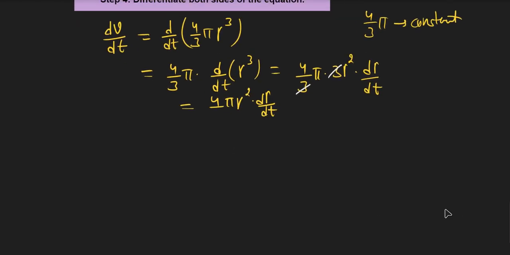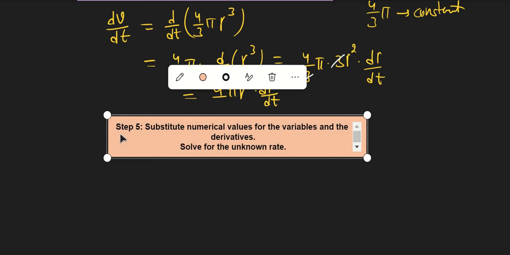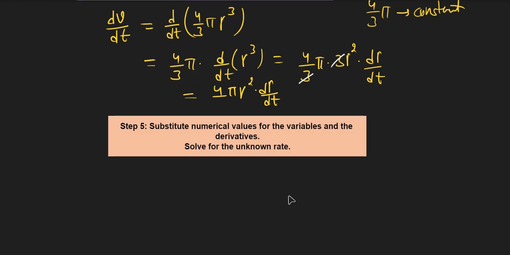Now we have to do one last step in this question, and in the last step all we have to do is substitute the values. So again, let me rewrite the result of step 4: dV over dt is 4 pi r squared dr over dt. Keep in mind, we have to find the value of dV over dt, the change in volume with respect to time.